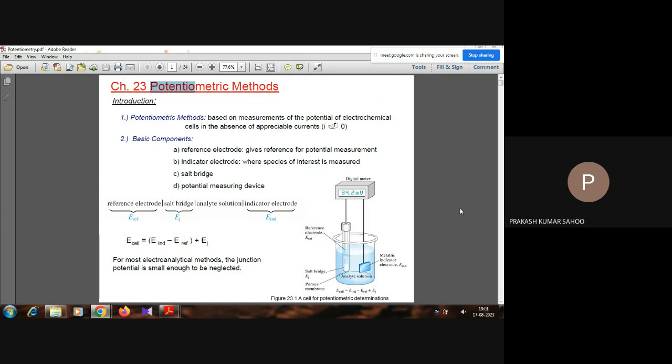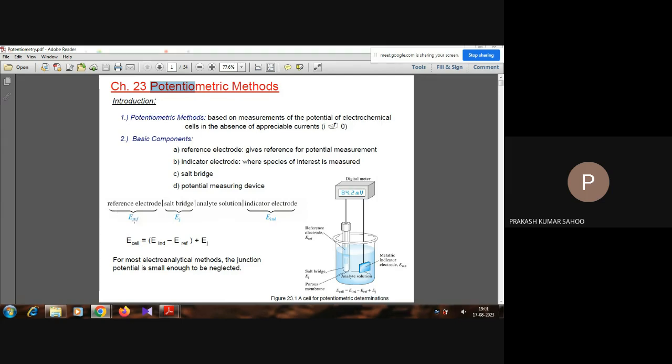So two types of things are here. There is a potentiometric method based on measurement of the potential of an electrochemical cell in the absence of appreciable current, and the basic parts are the reference electrode, which we will discuss one by one, then the indicator electrodes used, then the salt bridge, then the devices which we use for the potential measurement.